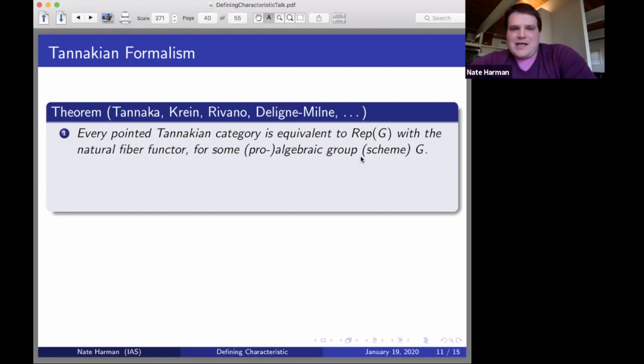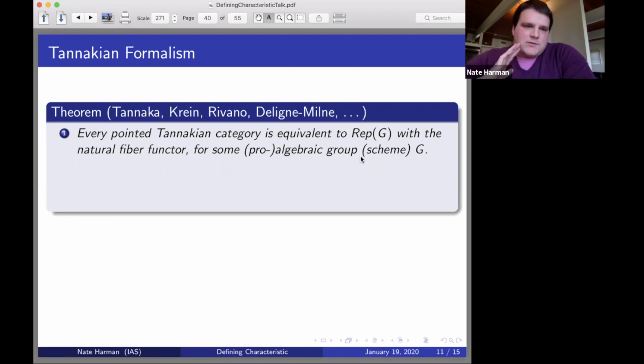And I might have some pro-algebraic group, not one on the nose. But if the category is finitely generated in a sense, which I won't get into, we can drop the pro condition.